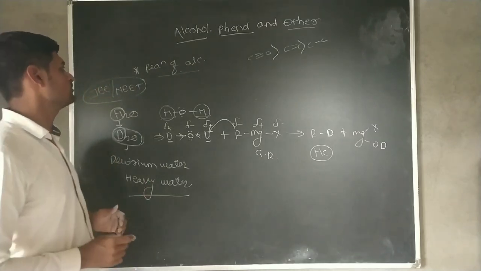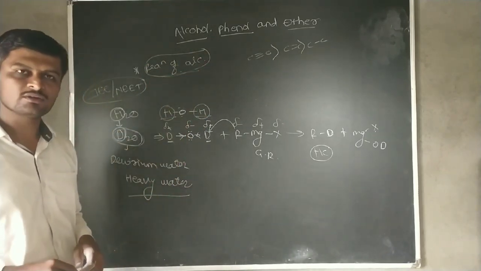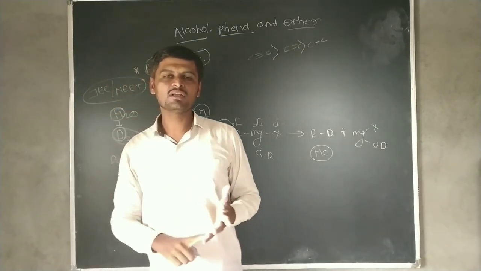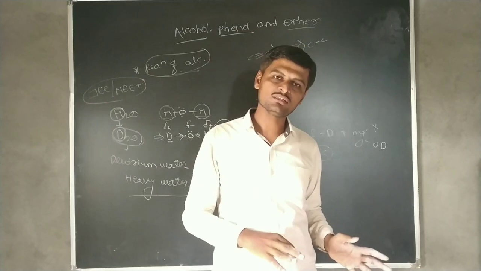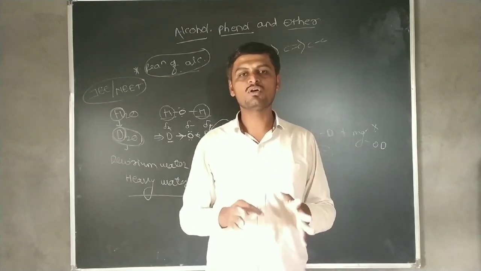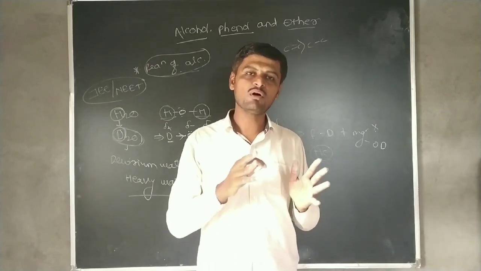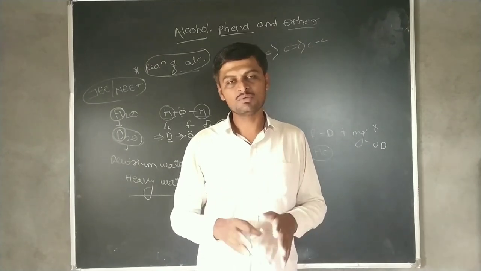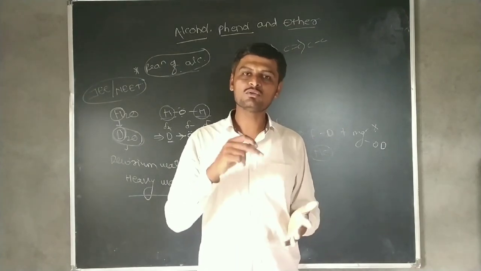The most important point in this lecture is the reaction of alcohol with the Grignard reagent. When primary, secondary and tertiary alcohol react with the Grignard reagent, they form the corresponding alkanes, depending on the alkyl group present in the Grignard reagent.